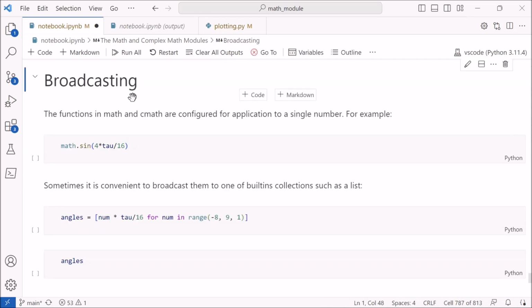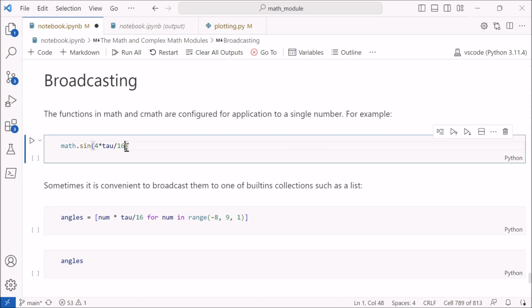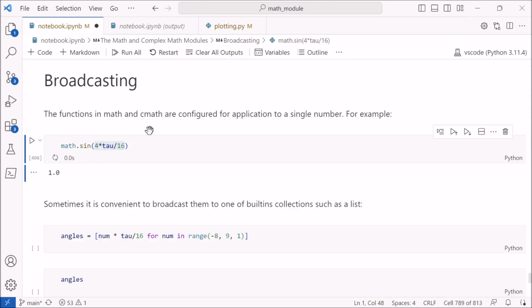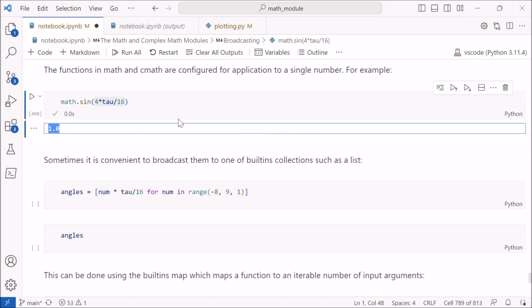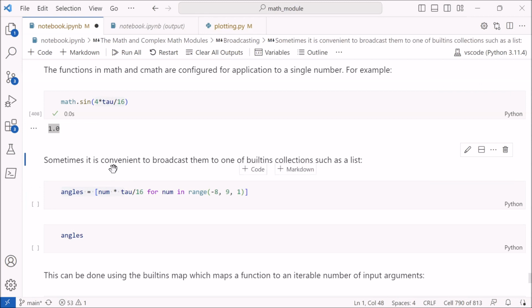The functions in the math and cmath modules are designed to work with a scalar. So this is a scalar, and if we run the function, we get a scalar value returned. Sometimes it's convenient to broadcast such a function to an inbuilt collection. So I can use list comprehension to create a series of angles.